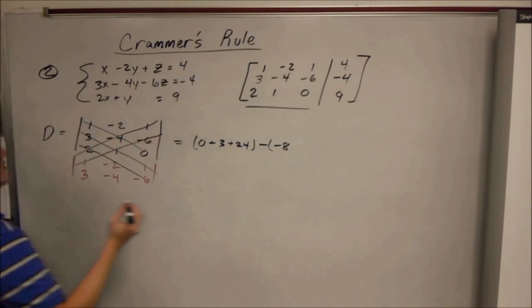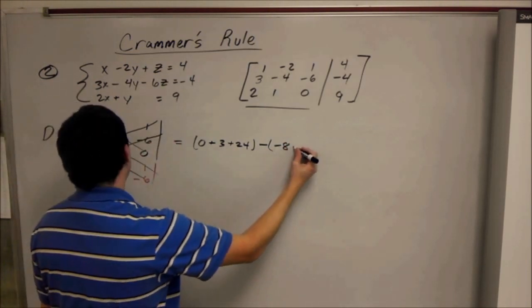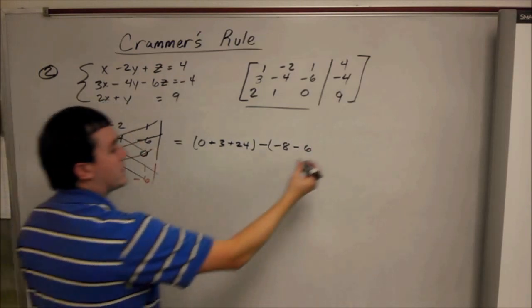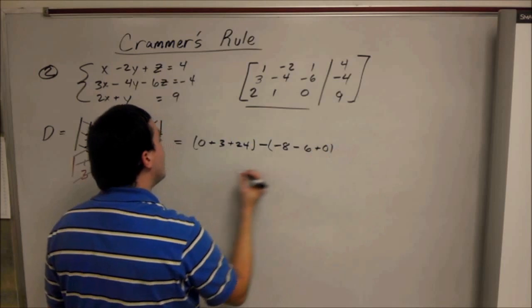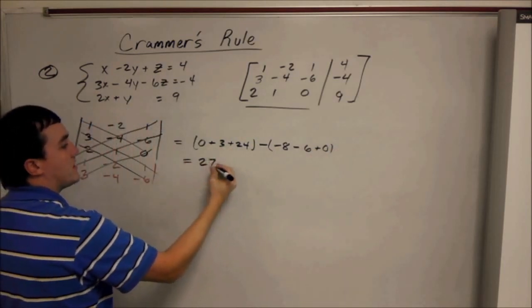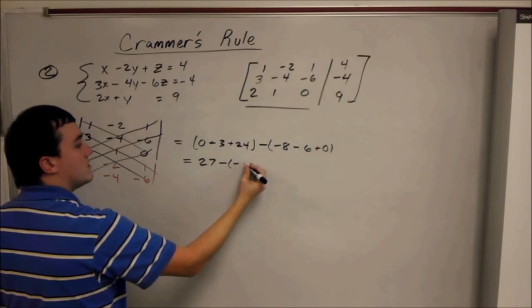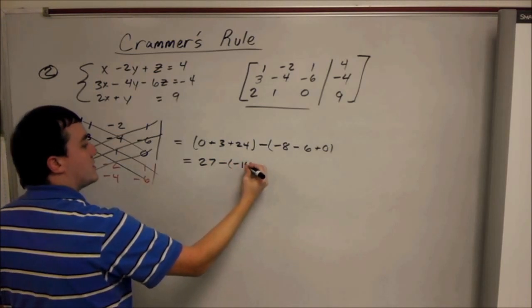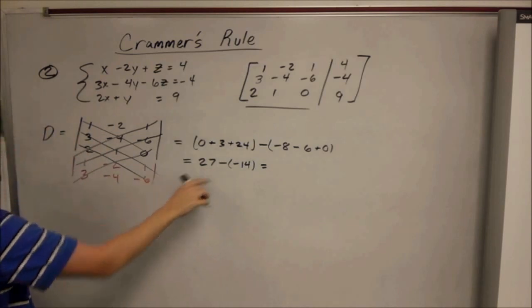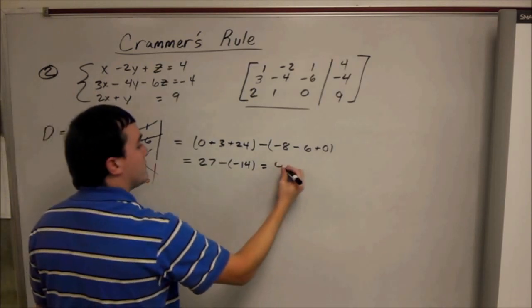Negative 6 times 1 is negative 6. And then we have 0 times anything is going to be 0. So our D equals 27 minus negative 14, which gives us 27 plus 14 is 41.